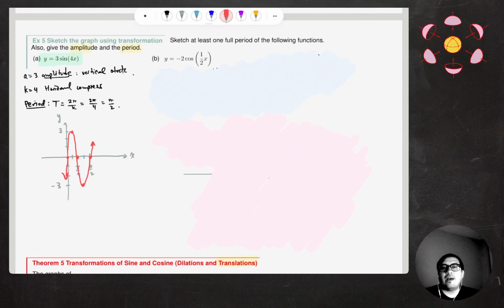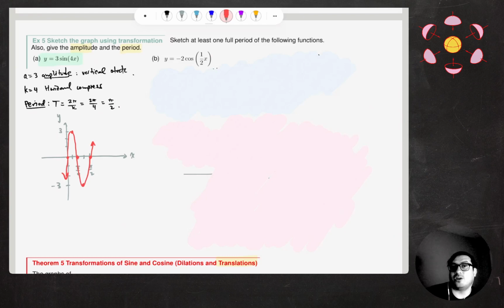Next, what's this one going to look like? So we have a lot going on. We have a minus sign. That means it's going to flip everything across the x-axis. The 2 means we're going to stretch the y-axis. So we're kind of doing two things with that -2. We're stretching it vertically, and then we're flipping it.